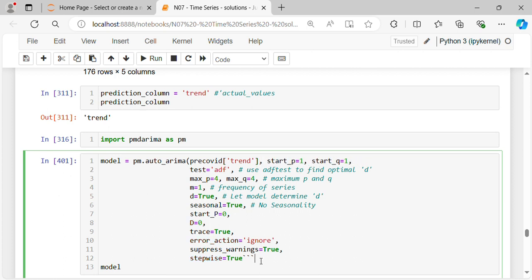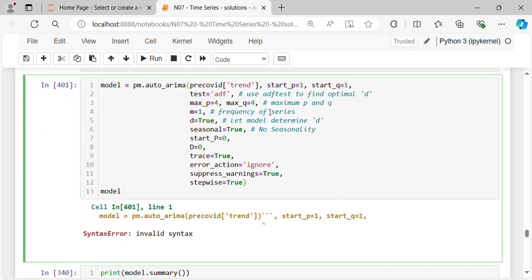We don't need to add all the parameters here. Okay, so what we have done is that pre-COVID of trend, comma, start_p equal 1, comma, start_q equal 1, test equal adf, use adf test to find optimal d, max_p equal 4, max_q equal 4, that's maximum p and q.